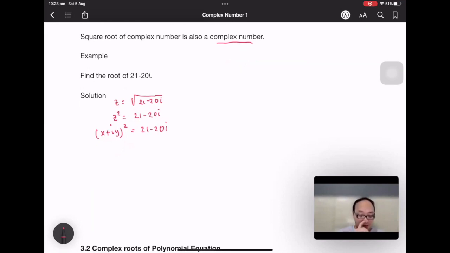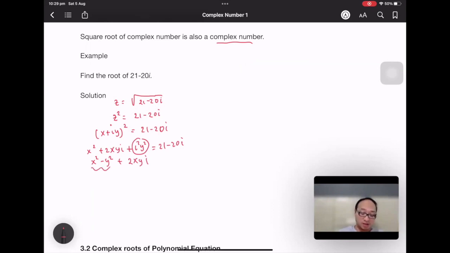So this will be expanded into x squared plus 2xyi plus i squared y squared, equals 21 minus 20i. So i squared y squared is negative y squared. So it's x squared minus y squared. I collect the real parts, and then I have the imaginary part.